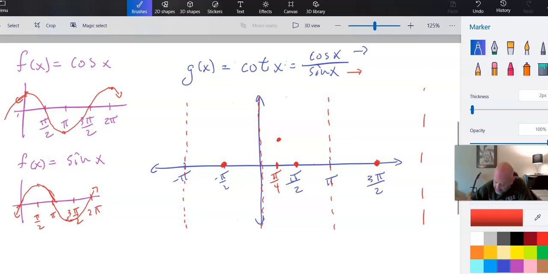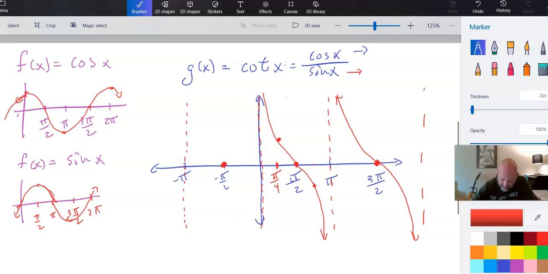If I went ahead and computed it here, it would be equal to negative 1. And so what ends up happening is cotangent actually goes the opposite direction. It's shifted over and flipped around from tangent, excuse me.